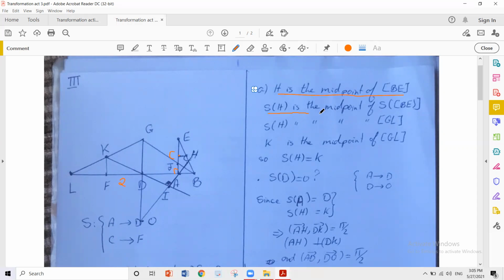Then S of H is the midpoint of S of BE, so S of H is the midpoint of GL. But K is the midpoint of GL. So S of H equals K.